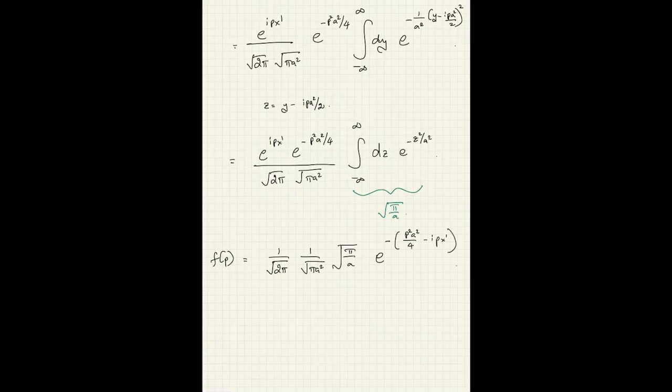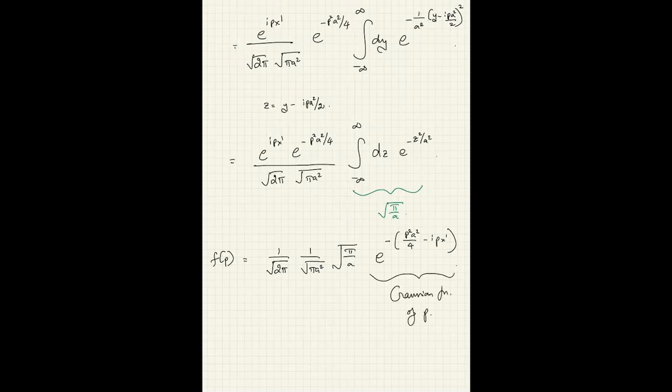So notice that I can again do a change of variables, or complete the square to write this as a complete square of some e to the minus p prime square form. But whatever it is, notice that this is also a Gaussian. This is a Gaussian function of p.